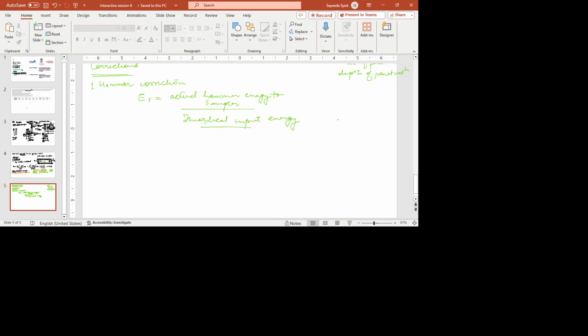Theoretical input energy is if exactly the whole weight of hammer without any losses was falling over this height on this sampler and all the energy was transferred.